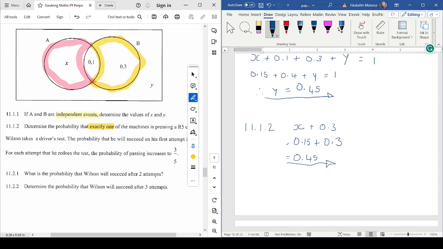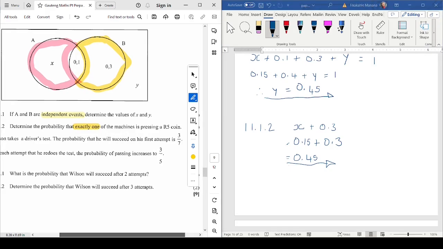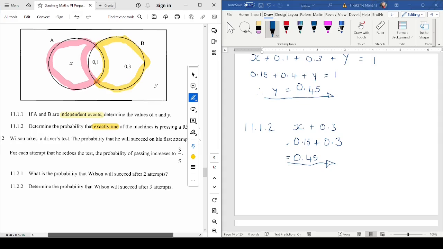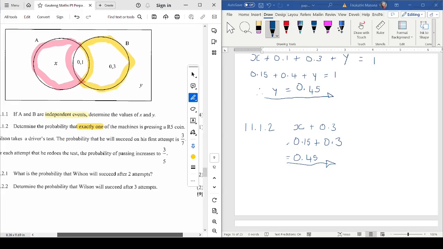Okay, now let's move on to the next question. It says Wilson takes a driver's test. This is a completely different question now. It has nothing to do with what we just read above. The probability that he will succeed on his first attempt is 3/7. For each attempt that he redoes the test, the probability of passing increases to 3/5.